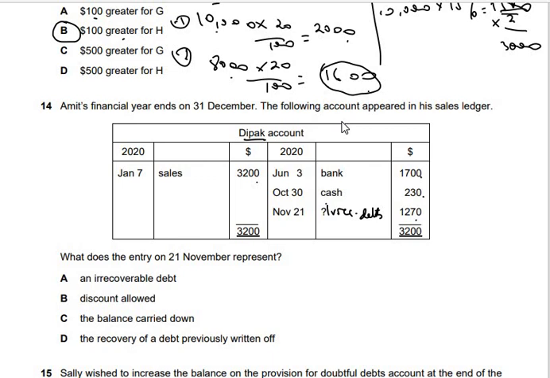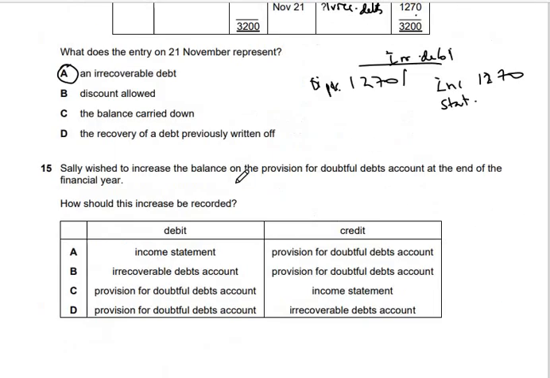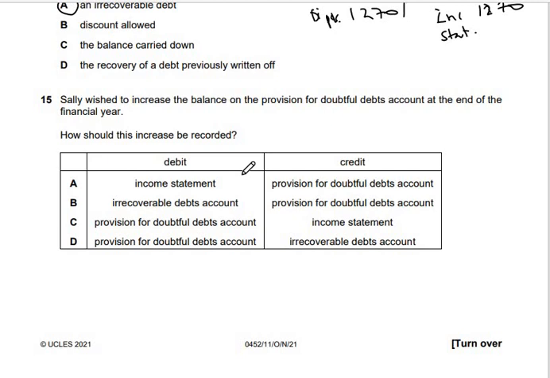So we are going to debit recoverable debts with the 1,270, all right, and at the end of the year we're going to transfer this 1,270 in the income statement as an expense. Right, so the answer is A. We have actually written him off because it doesn't show any balance carried down or balance brought down.